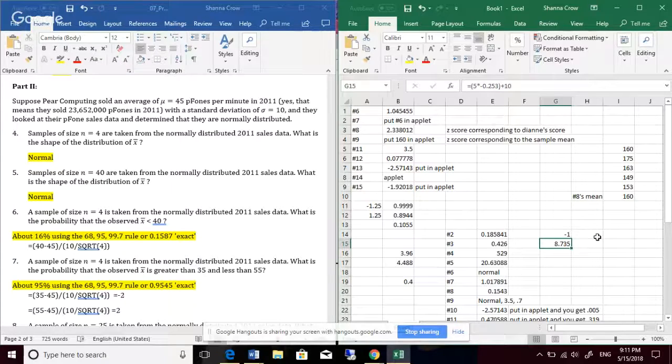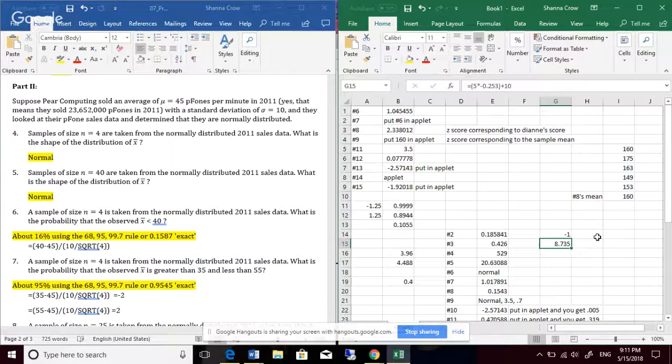Seven. Sample size and, oh, there's that. So I must need that to use the formula, the Z formula. And normally distributed.